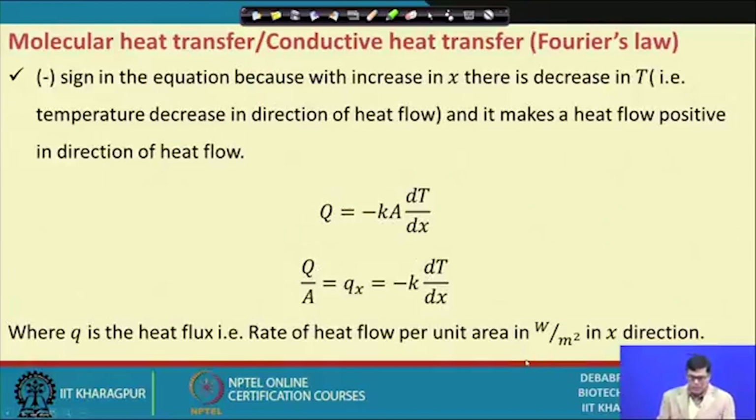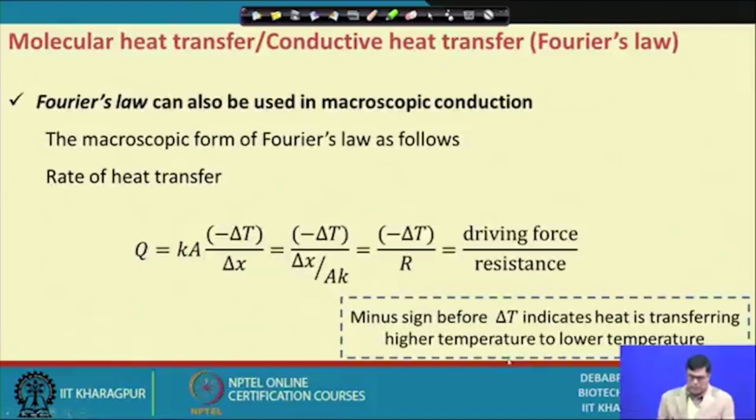Now this we can write as Q by A equal to q_x, and so Q equal to K A into dT by dx. Now initially you can remember we said any kind of transfer is equal to driving force by resistance.